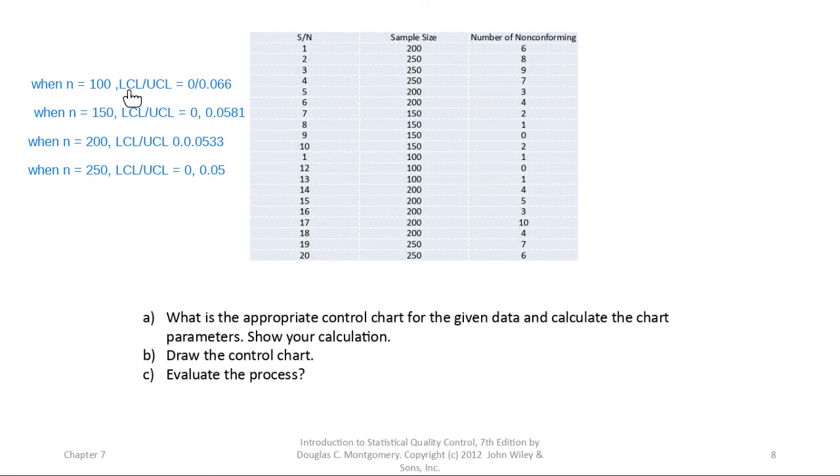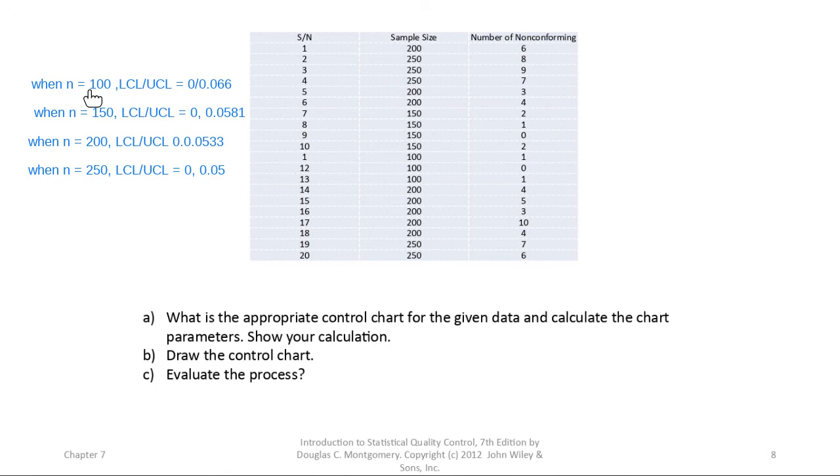Now calculate the lower and upper control limits based on what we did previously in today's example and in chapter 7. Since we have only these 4 different sample sizes, you can calculate the upper and lower control limits for every sample size.